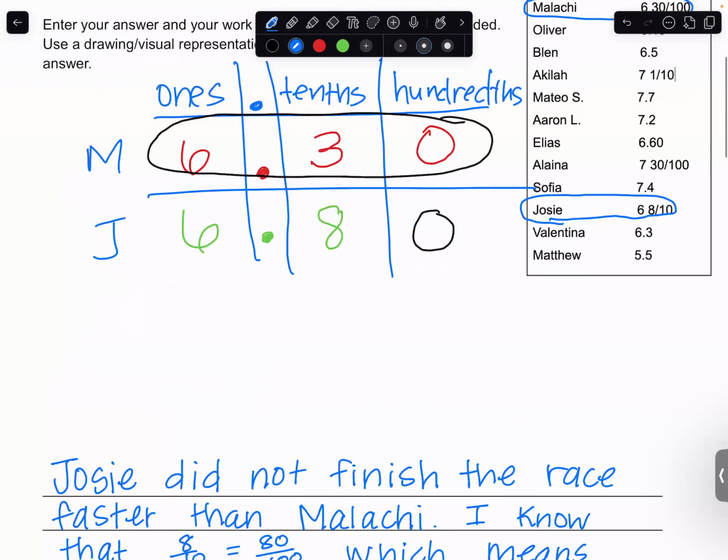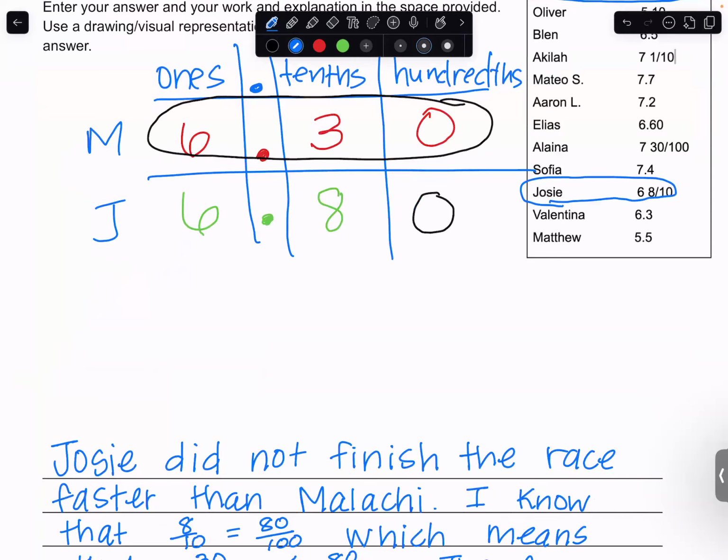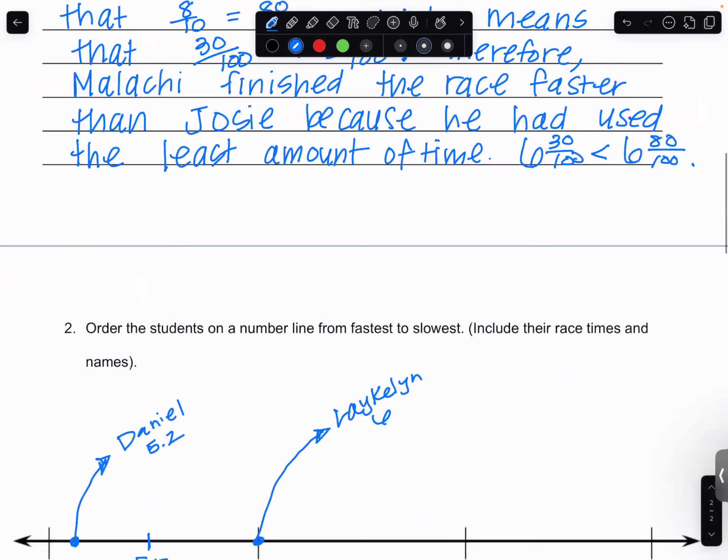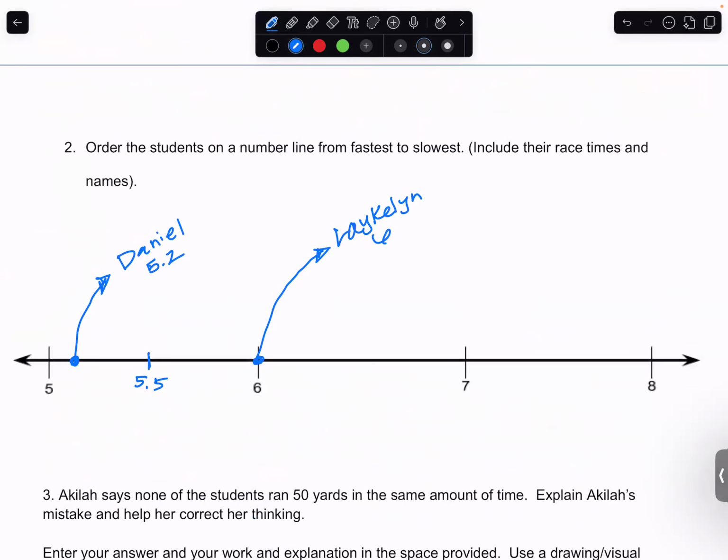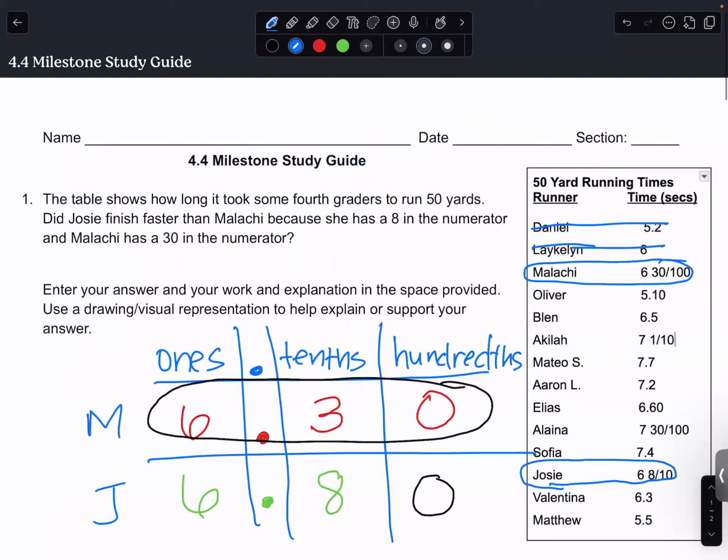Malachi ran 6 and 30 hundredths, or 6 and 3 tenths. Again, I know that a benchmark here is 6 and 5 tenths. He probably ran a good estimation around here. So let's write Malachi 6 and 3 tenths.